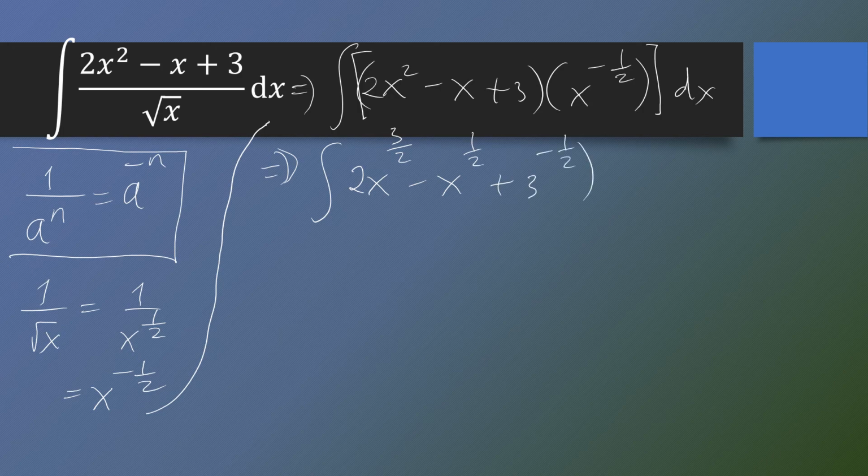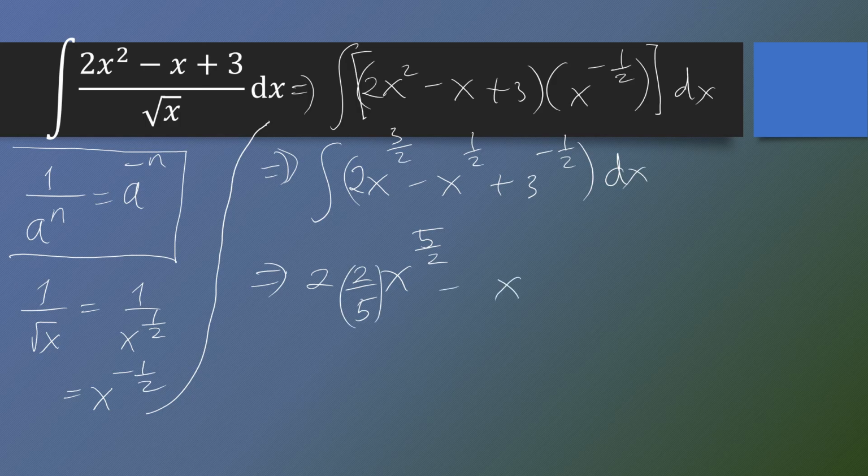So now we can use power rule, just add 1 to the exponent and write it down in the denominator. So we have 2 multiplied by x to the 3 over 2 plus 1, we got 5 over 2. And 1 divided by 5 over 2 is equal to 2 over 5.